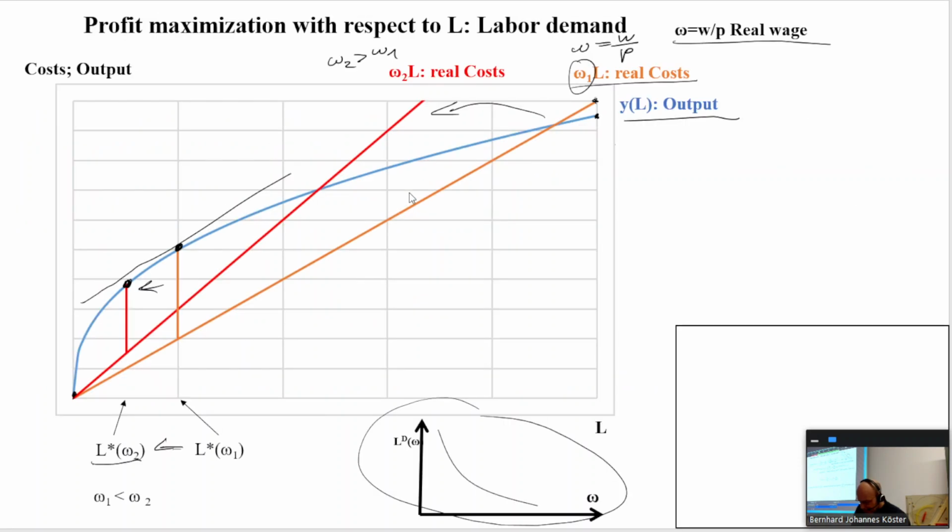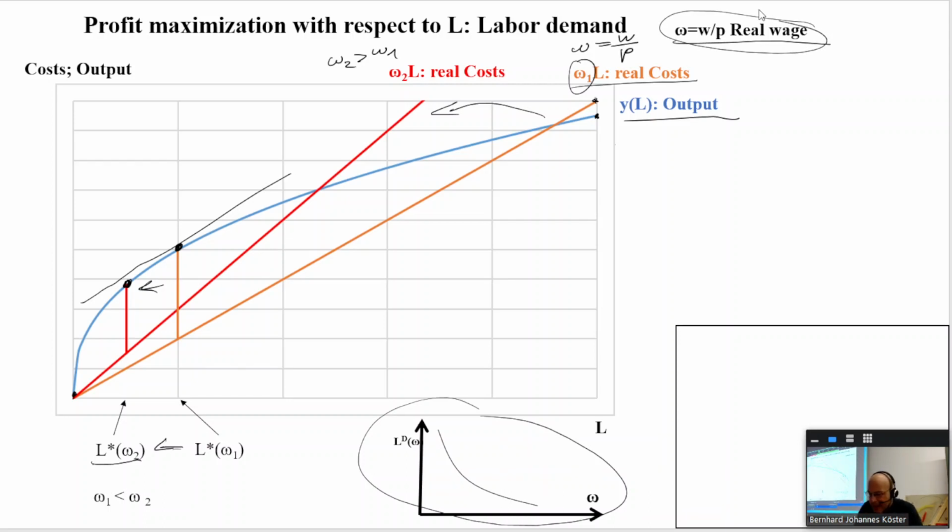Well, and together with this, from profit maximization, we obtained a labor demand which is falling depending on the real wage, so to speak, the price of labor.